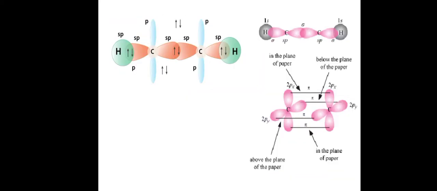Now let us see the hybridization in C2H2. In the formation of the ethyne molecule, both carbon atoms undergo sp hybridization, having two unhybridized orbitals, 2py and 2px.